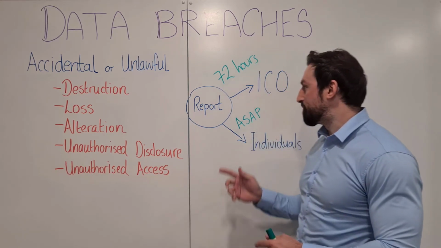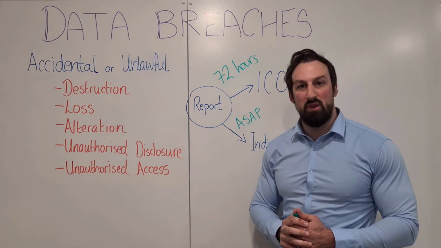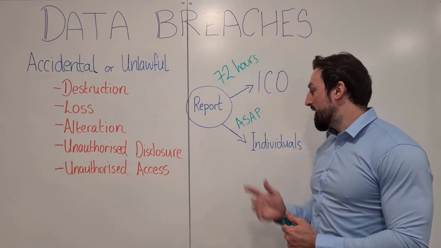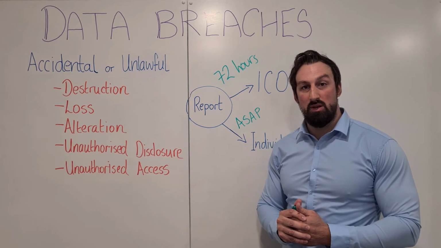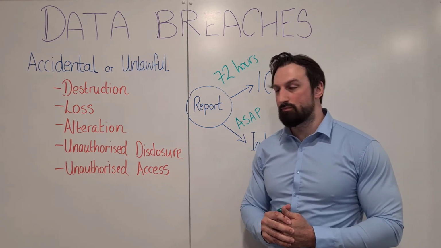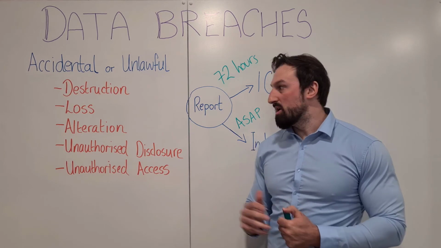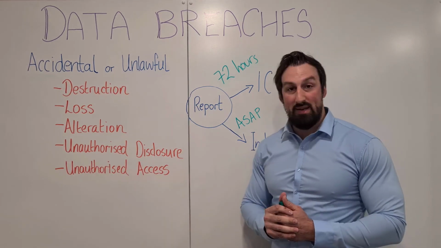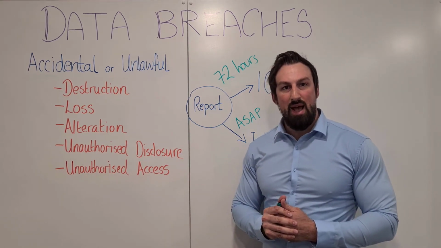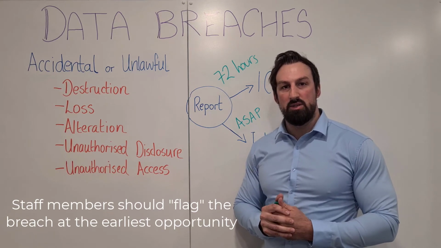And therefore, the reporting obligations, both to the ICO and to the individuals concerned, would be triggered. And this is why it's so important for staff members to know how to identify a data breach and to report it at the earliest opportunity.